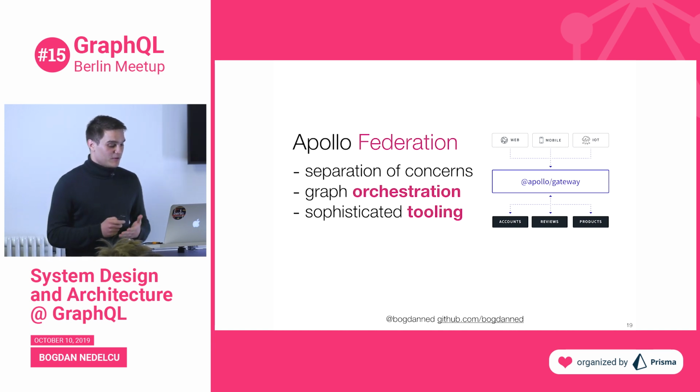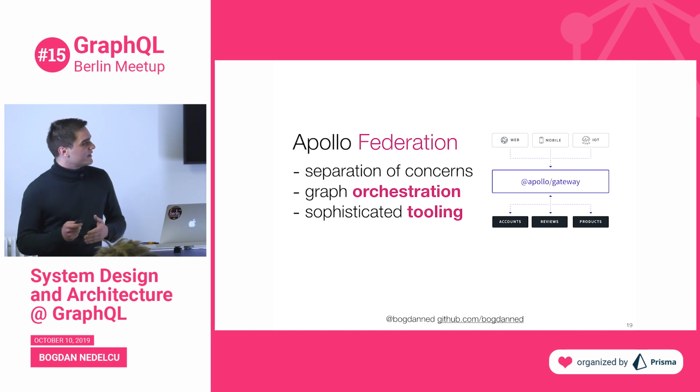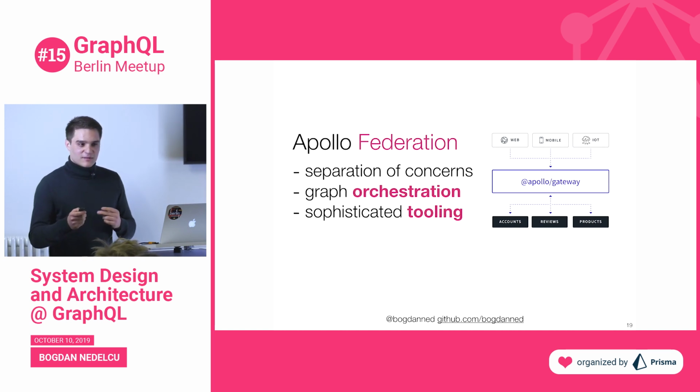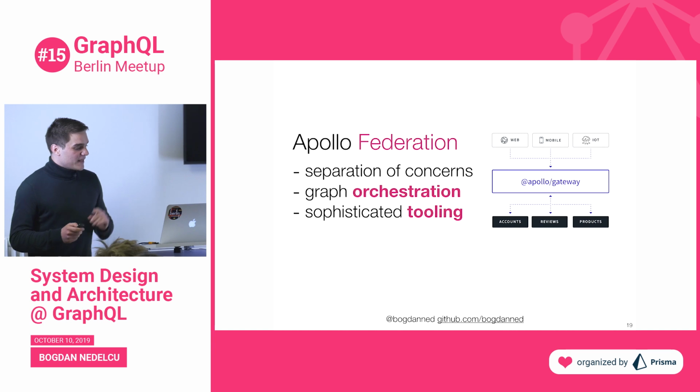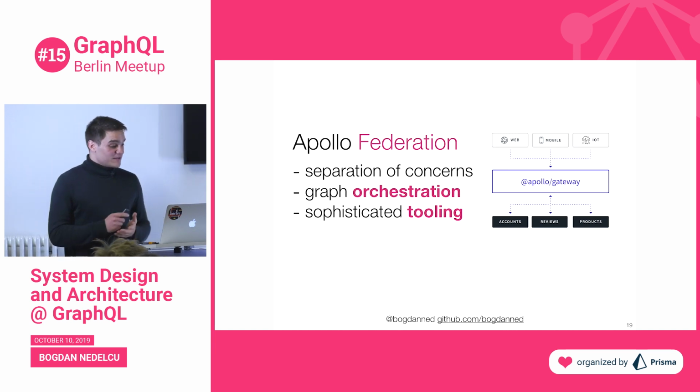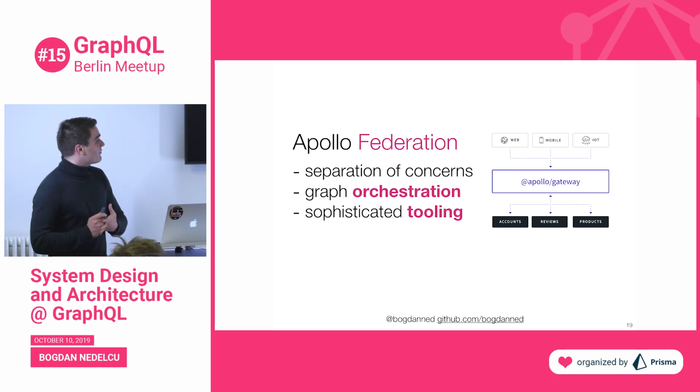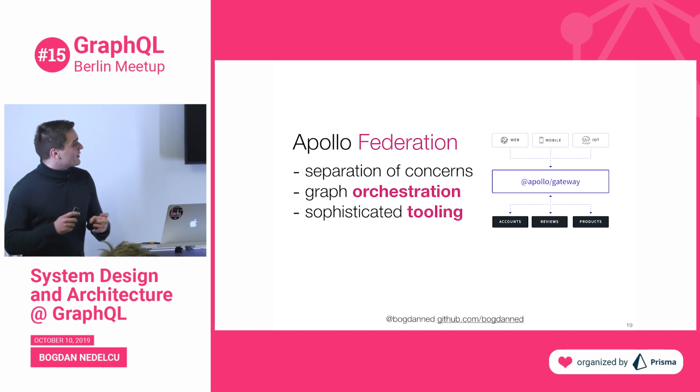They're still at the beginning. It was released a couple of months ago, I would say. They announced it at the last GraphQL Summit. Some of the corporates are already using federation with GraphQL by themselves, and that's why Apollo switched into it.